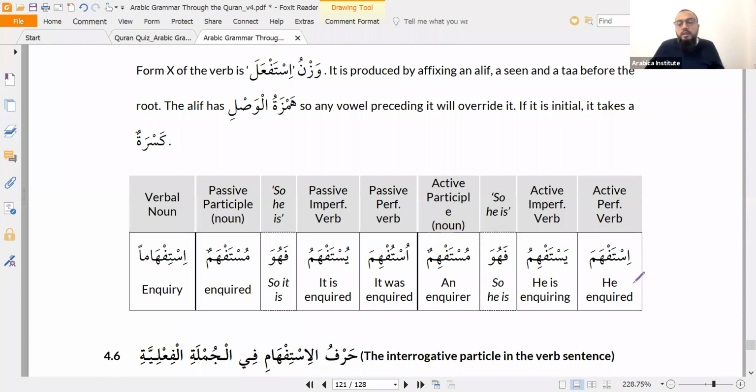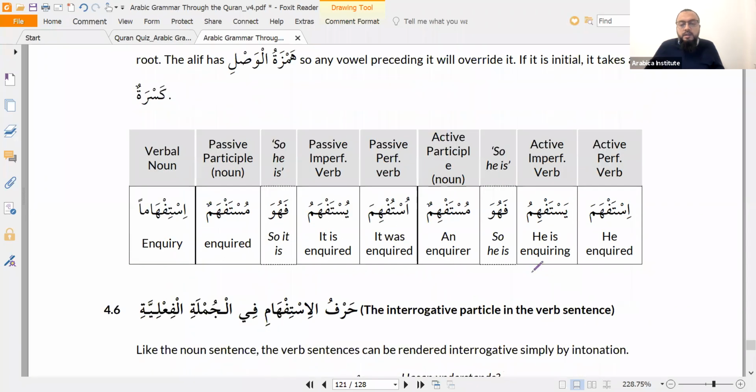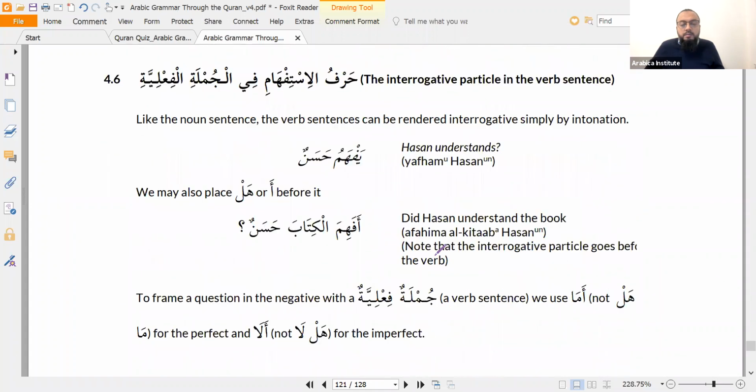Form 10, istafhama yastafhimu fahuwa mustafhimun, ustufhima yustafhamu fahuwa mustafhamun, istifhaman. In inquiry. Again, no hamza. This is just showing how you can make a verb sentence into a question.